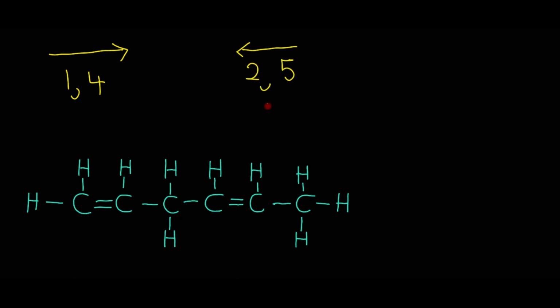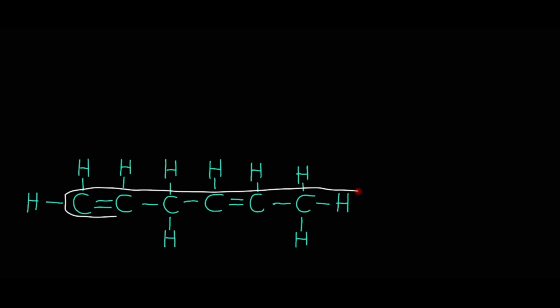So which one is correct? 1 plus 4 is 5, and 2 plus 5 is 7. So we got the lowest number. The correct one is this direction. So now we can conclude the right direction is moving from left to right. This is the right direction, and this is carbon 1, carbon 2, 3, 4, 5, and 6.